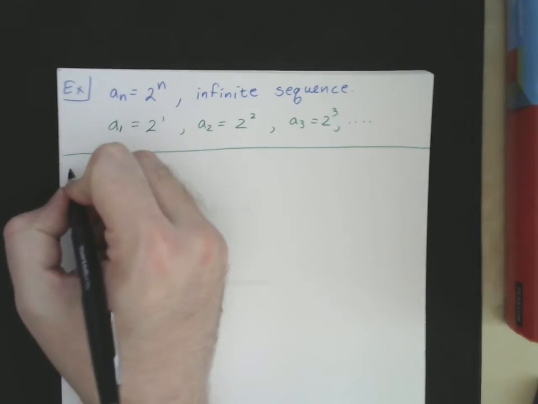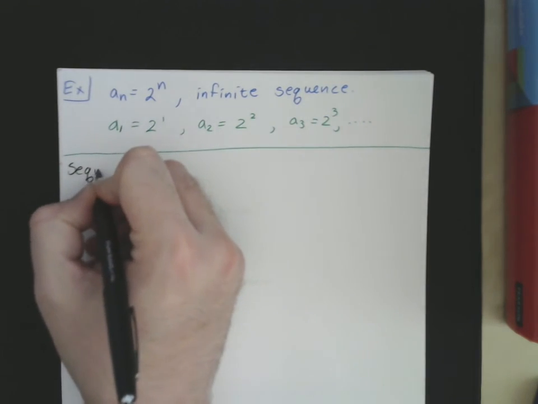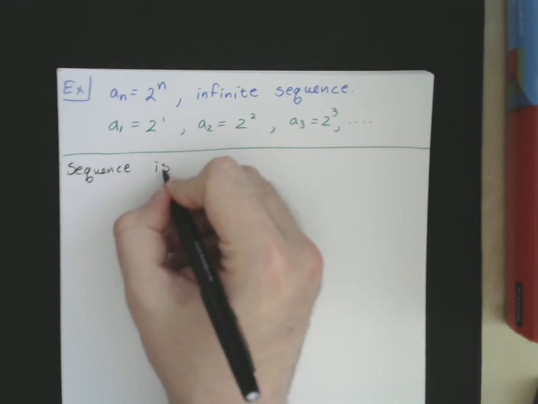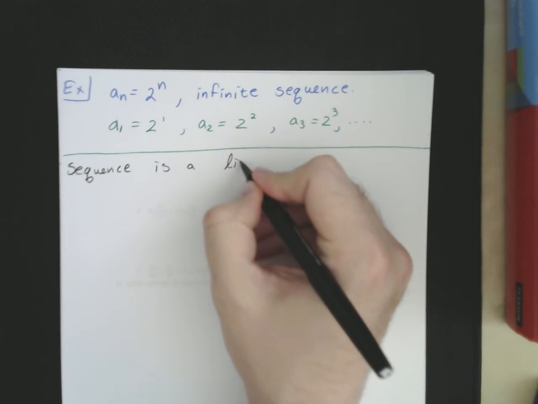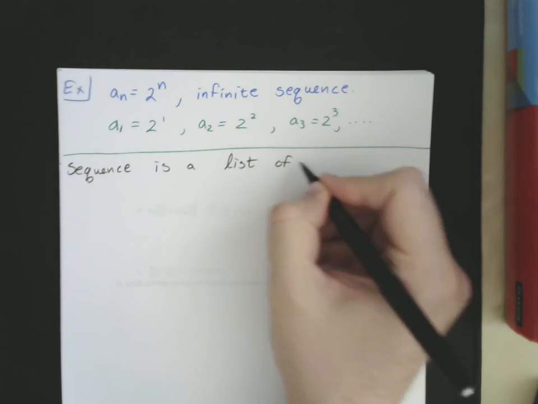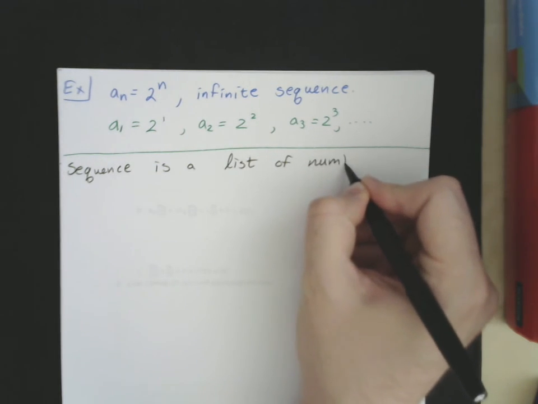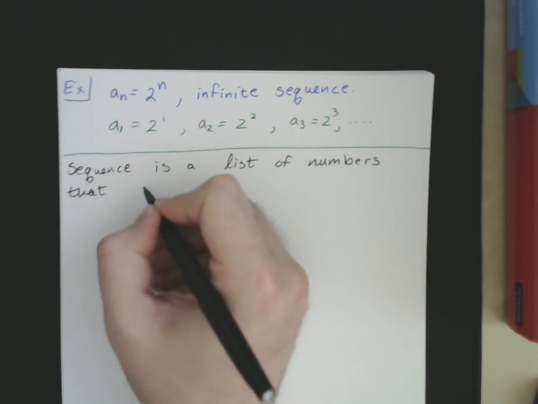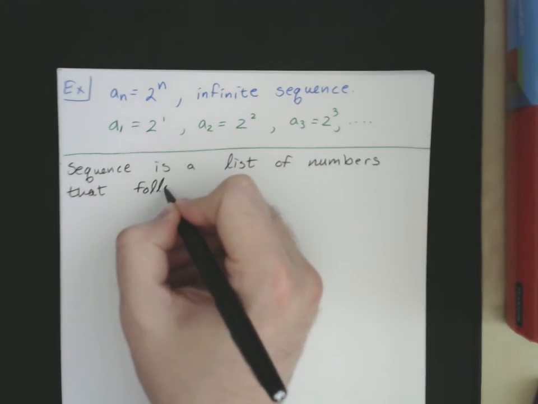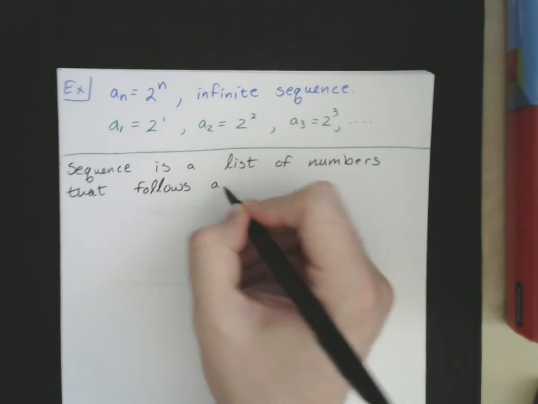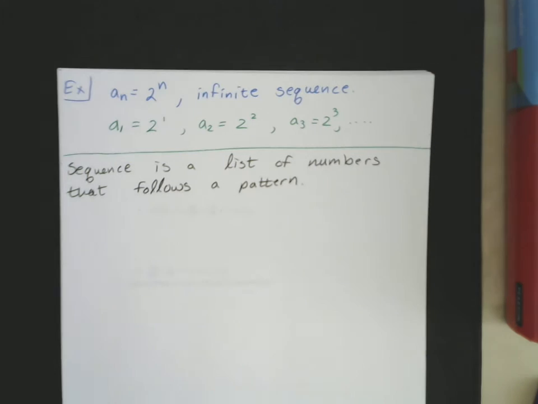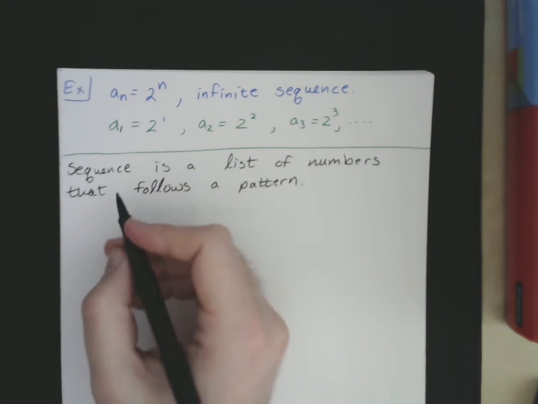So you can think of a sequence. It is a list of numbers that follows a pattern. Sometimes that pattern can be in an equation form.